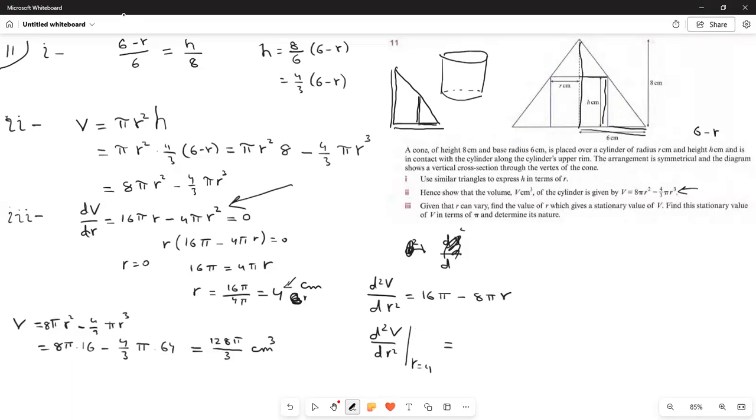So it is 16 pi minus 32 pi, which is minus 16 pi, a negative number. Whenever the second derivative is negative, it means this is the maximum point. So when r is 4, we will get the maximum volume of this cylinder.